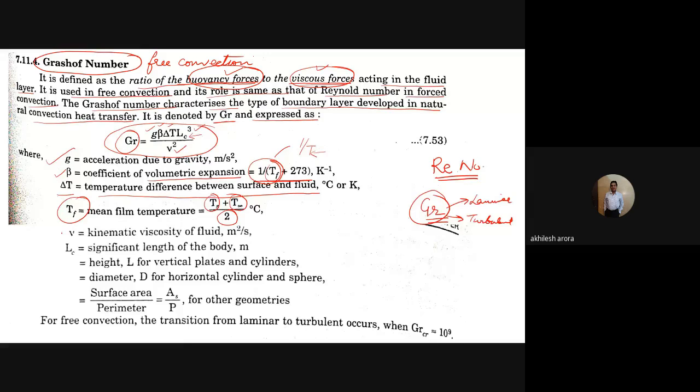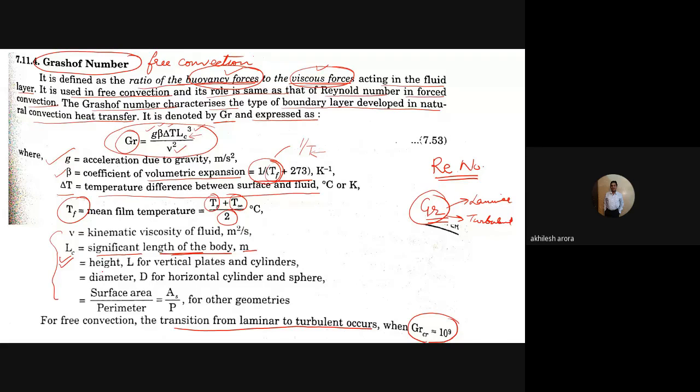Other things are written here. And for free convection, the transition from laminar to turbulent occurs when the critical Grashof number is 10 raised to power 9. When we talk about the value of Lc, it is the significant length of the body or characteristic length of the body in meters.